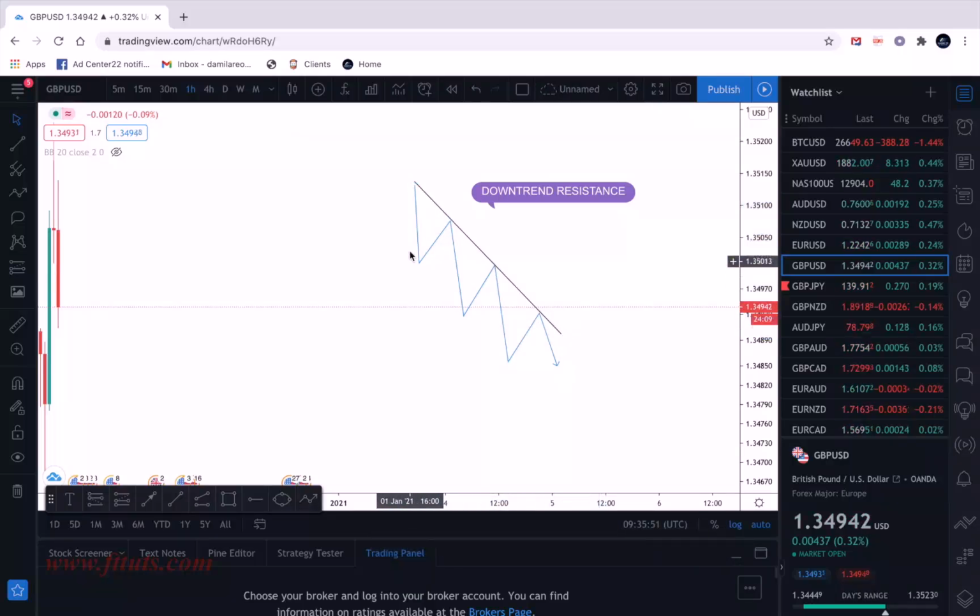At this point, you have the lower high, lower low, lower high, lower low. Now the third point is where you're going to be selling from.